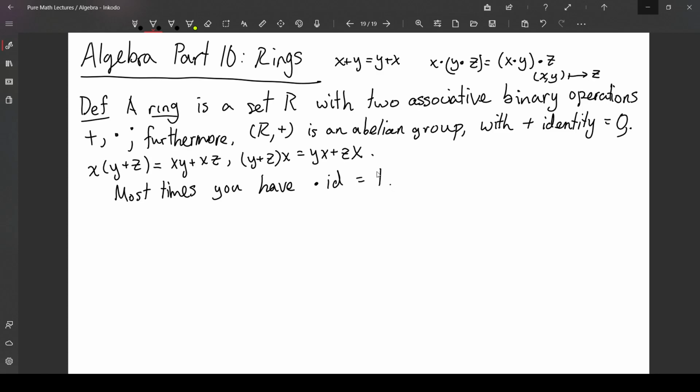So some people call this a ring with a unit, or a unitary ring, maybe. Well, units have another meaning in ring theory. But for what I'm going to do, I'm going to assume that every ring that we talk about has a multiplicative identity. And remember, this is something such that 1 times x is the same thing as x times 1, and this is equal to x, for all x in R.